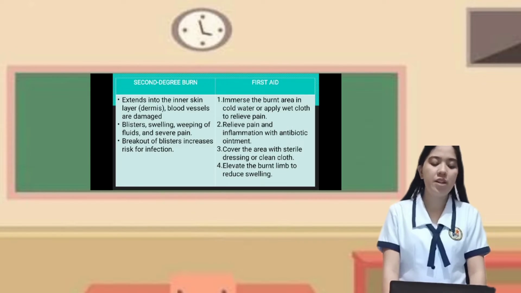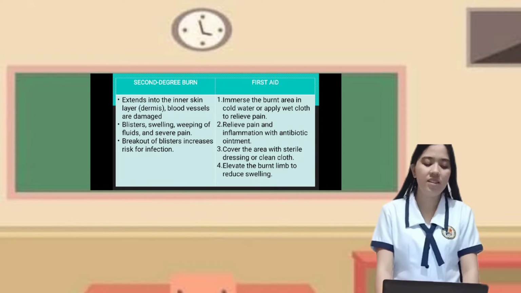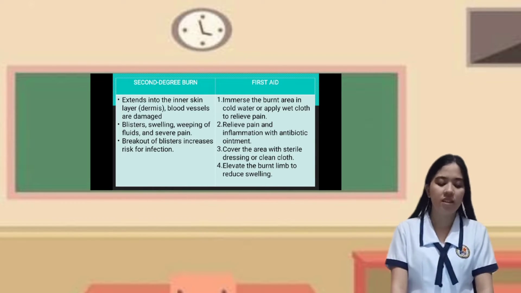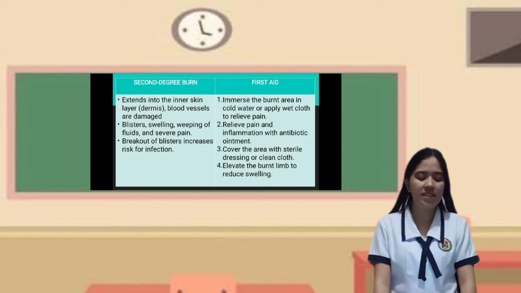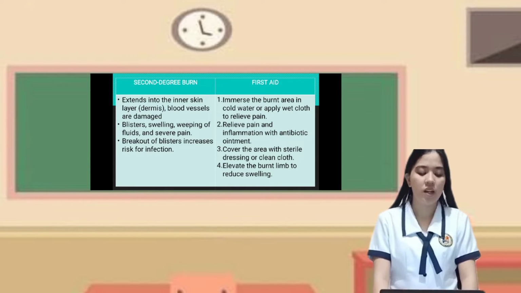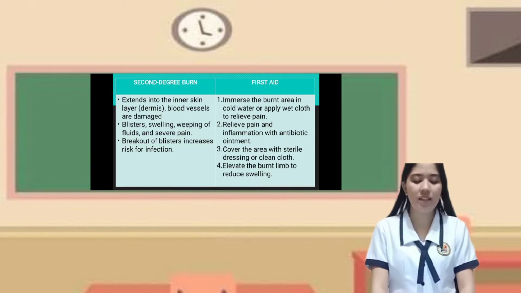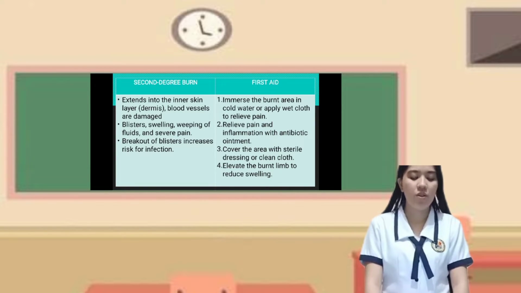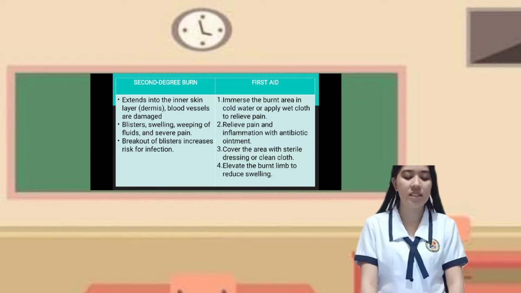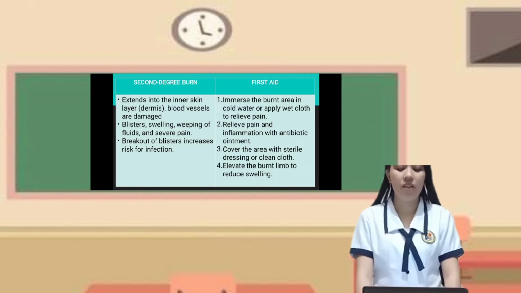So, the second degree burn extends into the inner skin layer, dermis. Blood vessels are damaged. Blisters, swelling, weeping of fluids, and severe pain. Breakout of blisters increases risk for infection.